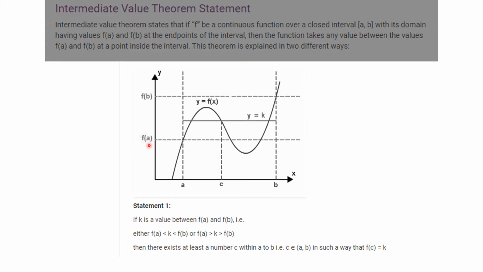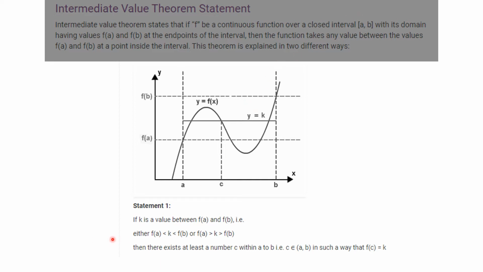Now you notice that here is f(a) and here is f(b), and this particular continuous function actually takes on this value y equals k 3 times in that interval. So what we're really saying is that it takes on any value at least once.